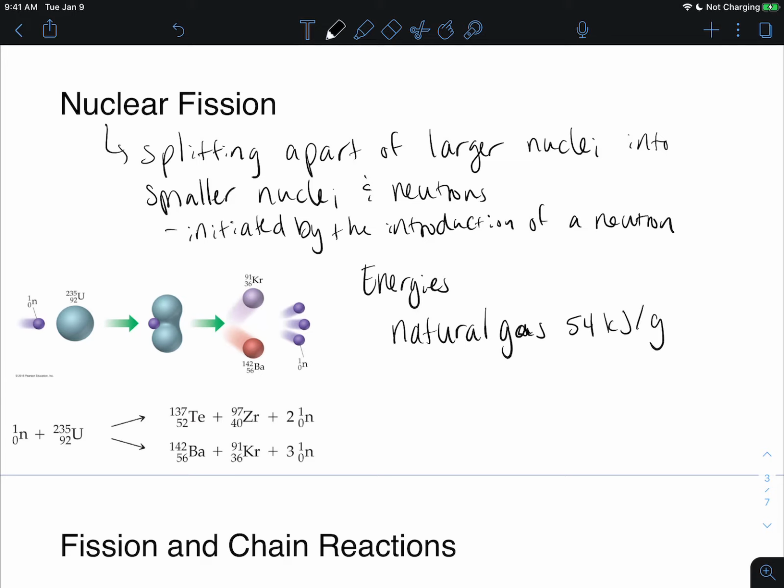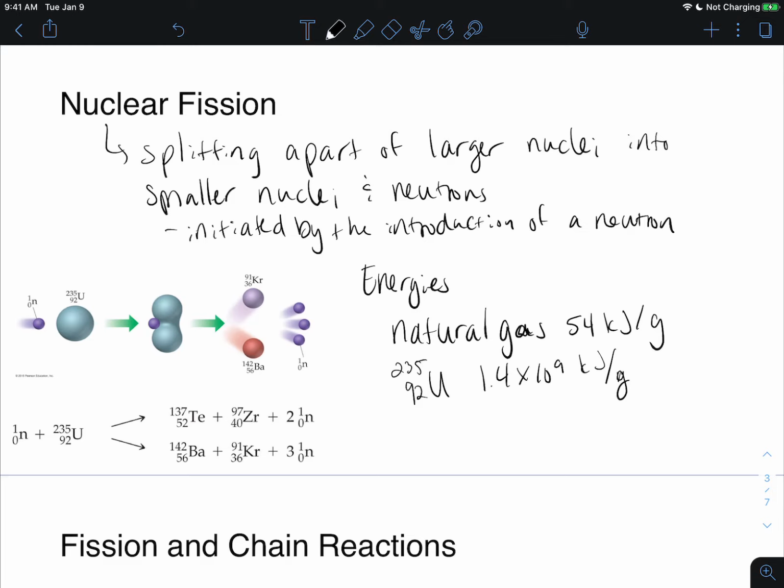If we compare this to uranium-235, it releases 1.4 times 10 to the 9 kilojoules per gram. So a significantly larger amount of energy is going to be released from uranium-235 versus natural gas.